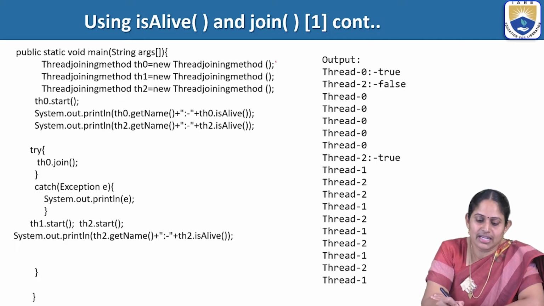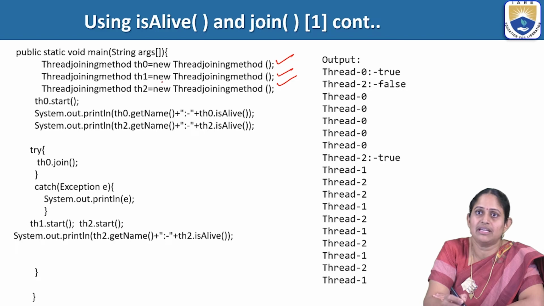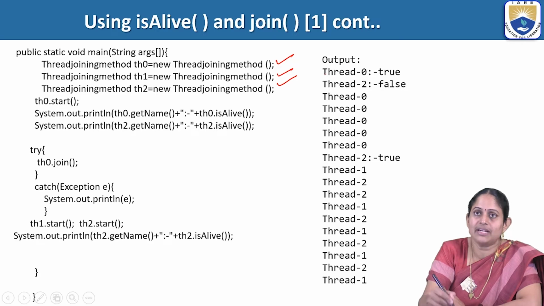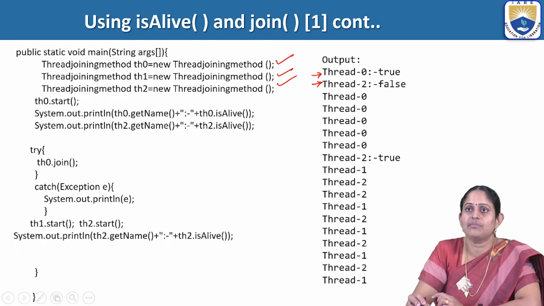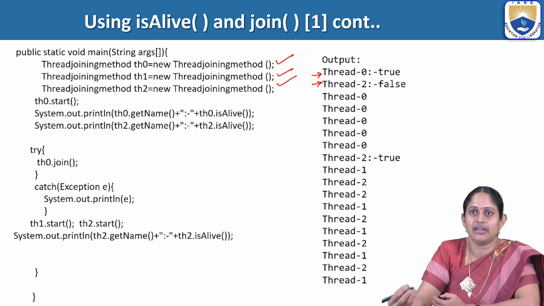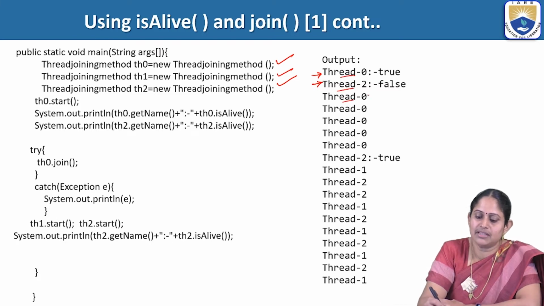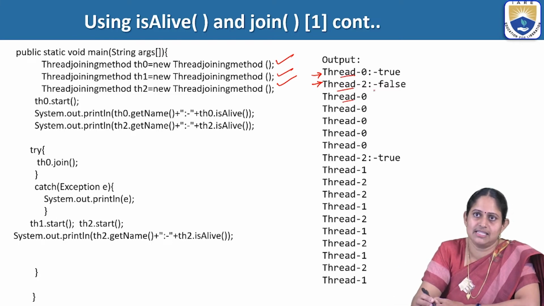Now we are creating 3 threads, TH0, 1 and 2, but we are not setting any name for them. Since we are not setting any name, the JDK itself will assign the name. So this is how the thread name will be assigned if we are not manually assigning it.